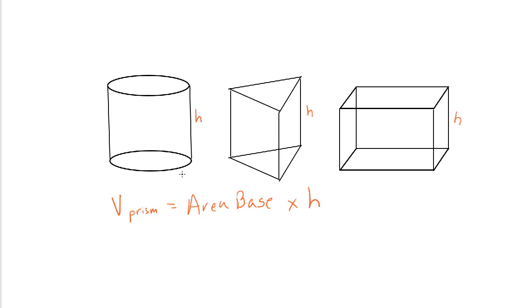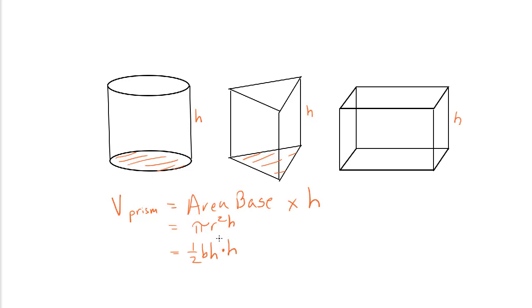The areas of the bases are the shapes we already know. A circle for a cylinder. So in this case, a cylinder volume would be pi r squared h. For a triangle, the area of the base would be the triangle. The volume of the prism in that case would be 1/2 base times height times the height.